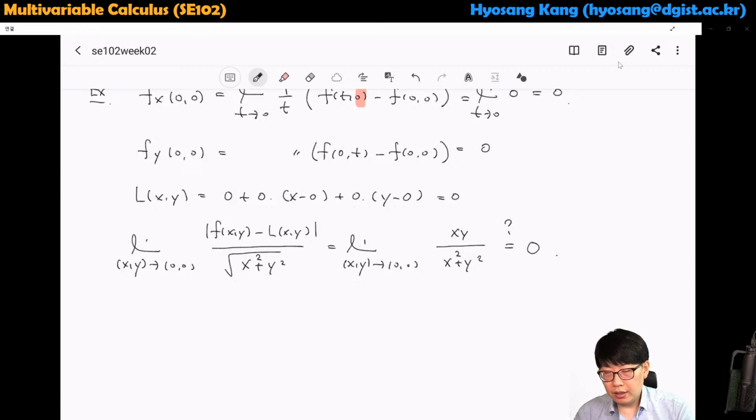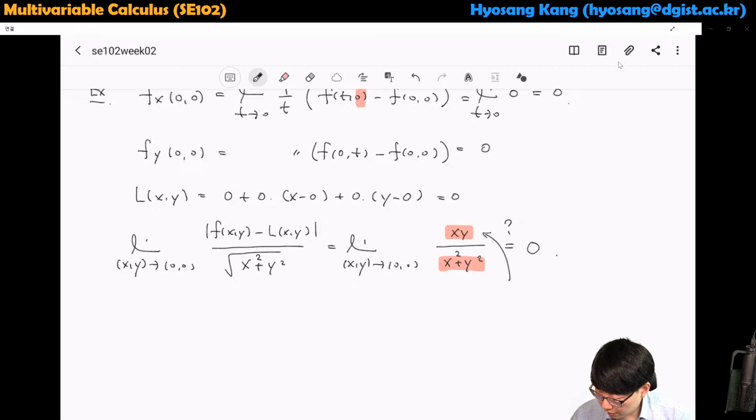Actually, you need a hunch. You need to first guess whether this limit exists or not. Because I already saw this kind of problem many times, I know that this cannot have a limit, because usually if you have the same degree of polynomials in the denominator and numerator, then the limit doesn't exist.